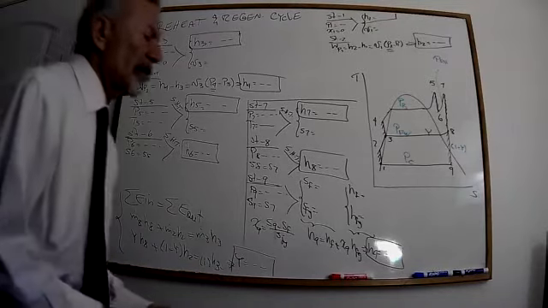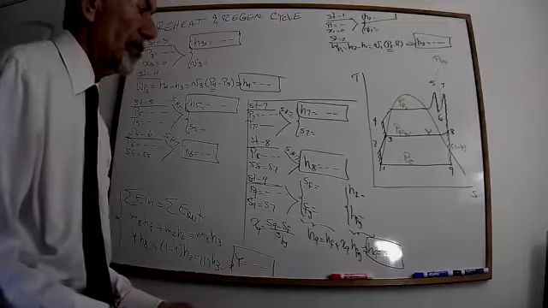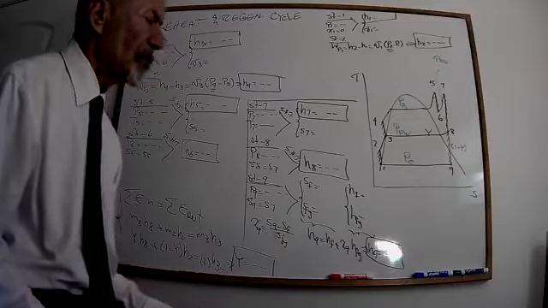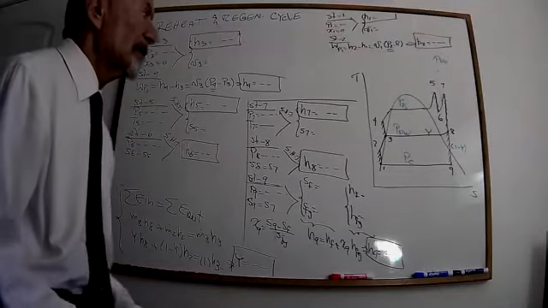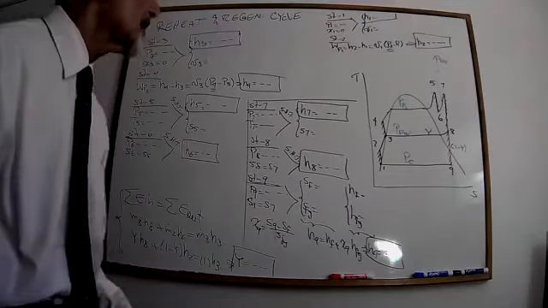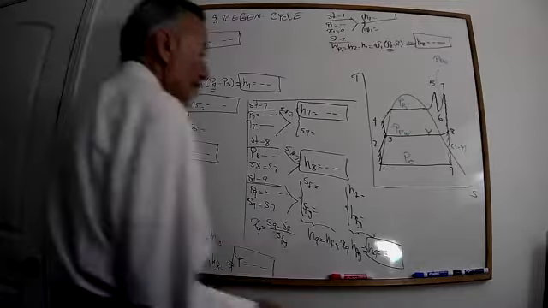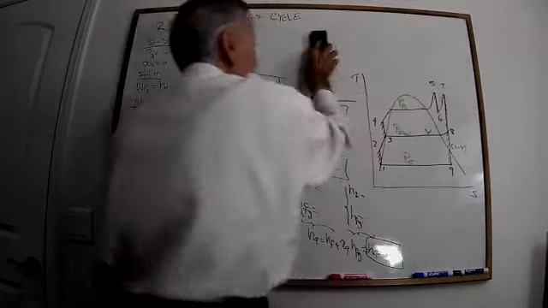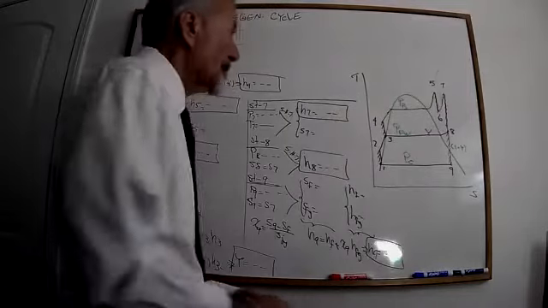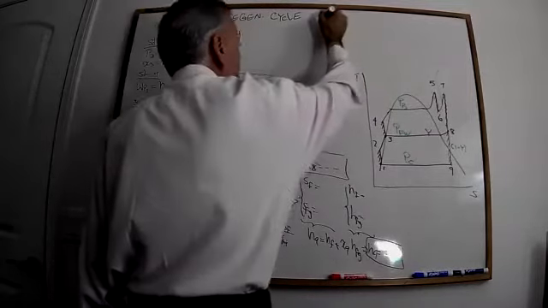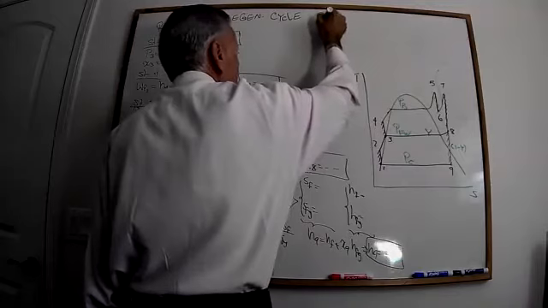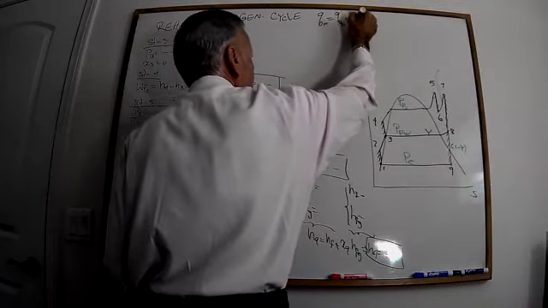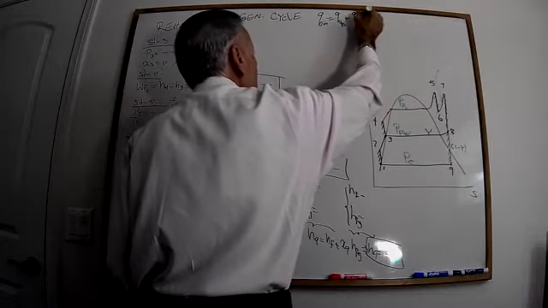Now it depends on what the problem is asking you. Let's say if they want you to find the net work and the thermal efficiency. So to do that, I'm going to erase this part. Again, your Q in is equal to the Q of a boiler plus Q of a reheat.